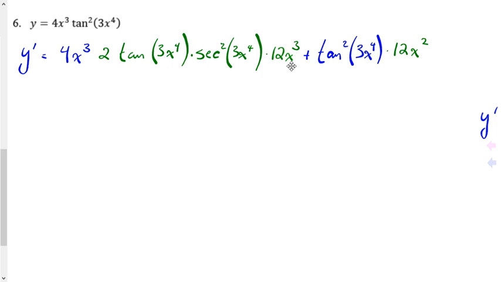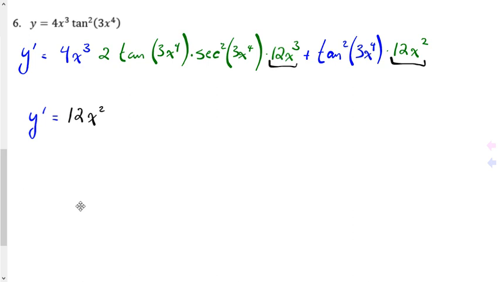Then we have the second function times the derivative of the first. So as I do some simplifying here, I decided I would write this in simplest factored form. There we have a 12x squared that's a common factor in that first set of products and the second after the addition.